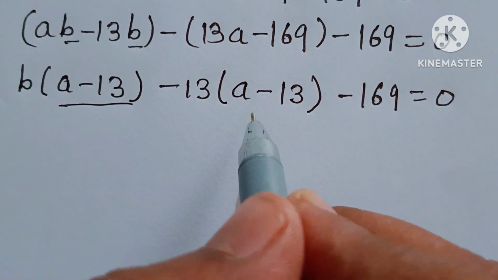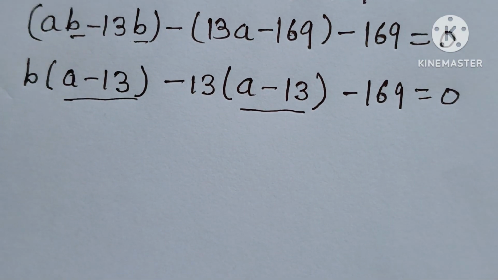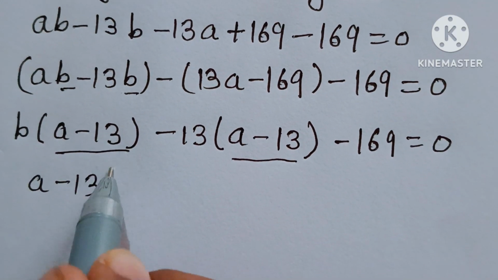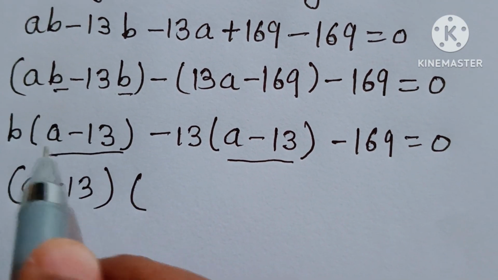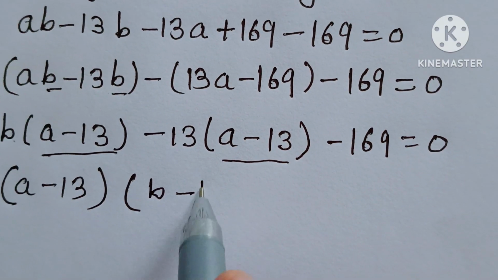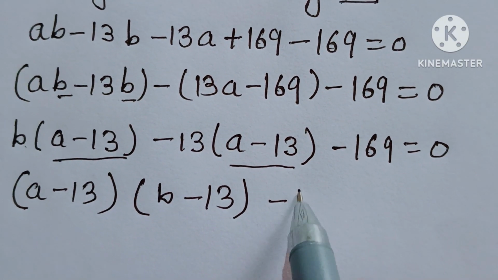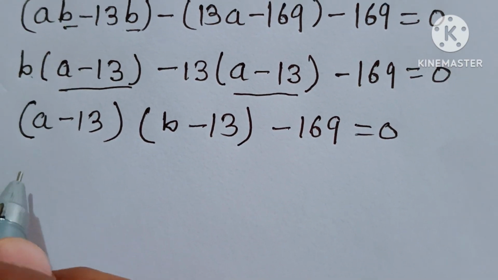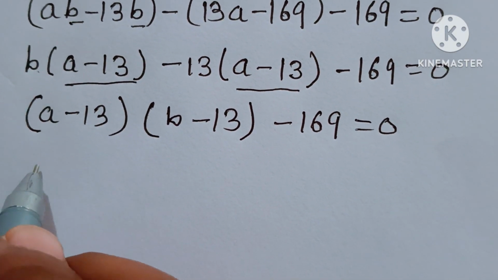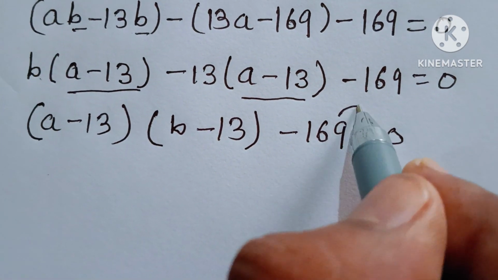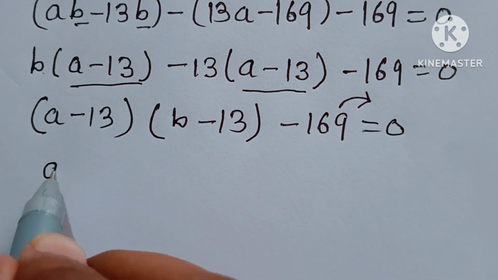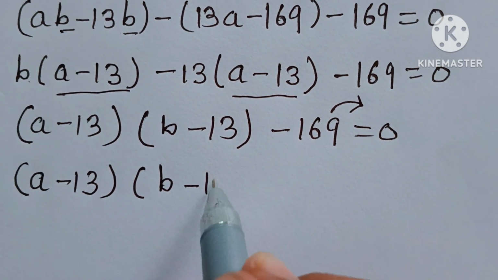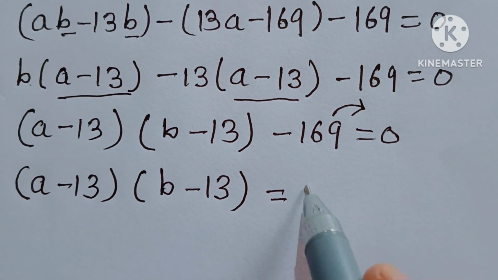A minus 13, so we take here A minus 13, second bracket B minus 13, minus 169 equal to 0. Here transfer this 169 from LHS to RHS. A minus 13, B minus 13 equal to 169.